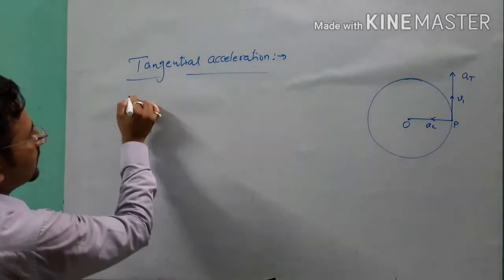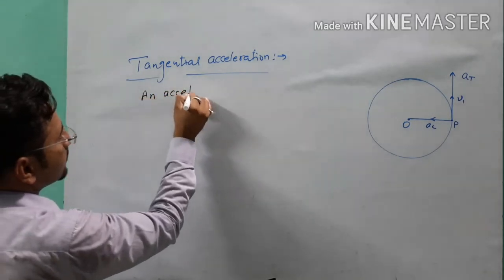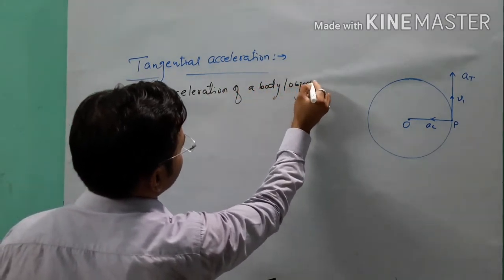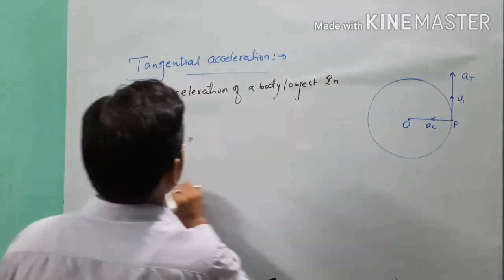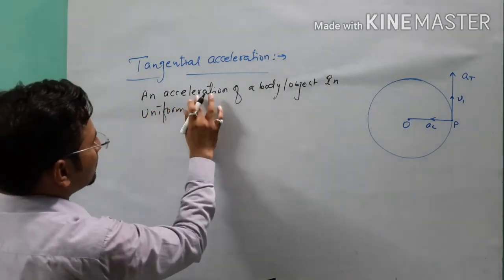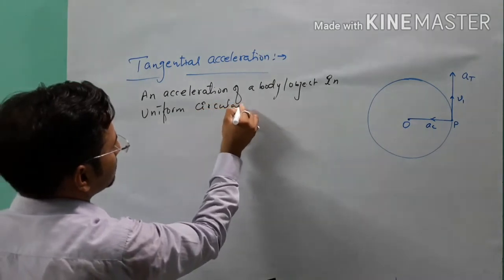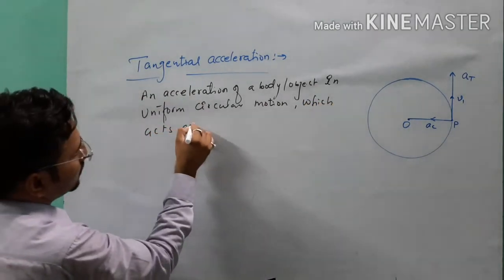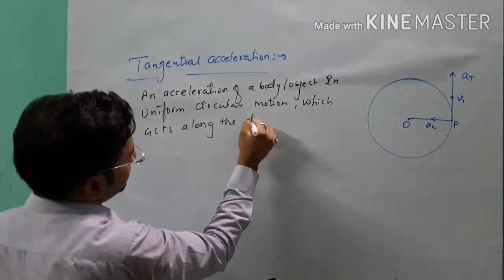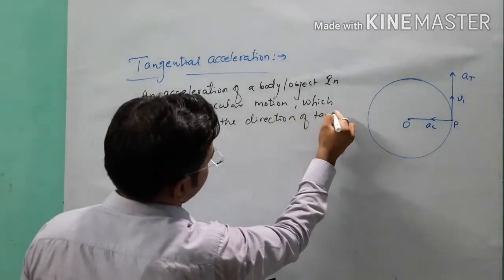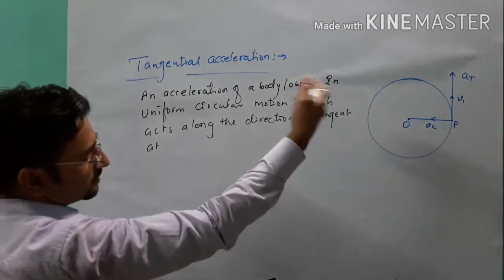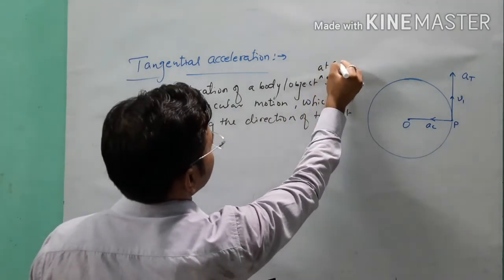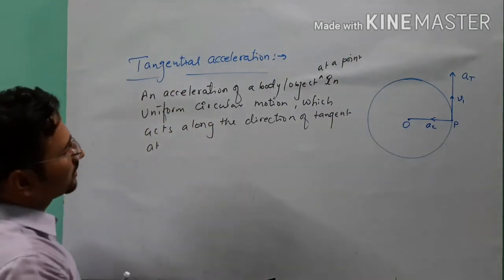So we can write the definition here: an acceleration of a body or an object in uniform circular motion which acts along the direction of the tangent at that point, or you can say that an acceleration of a body in a circular motion at a point, at that point.